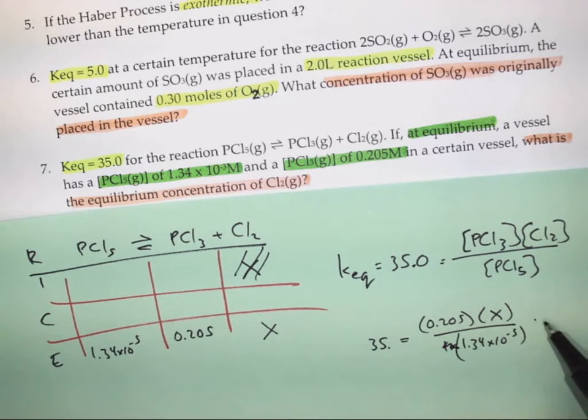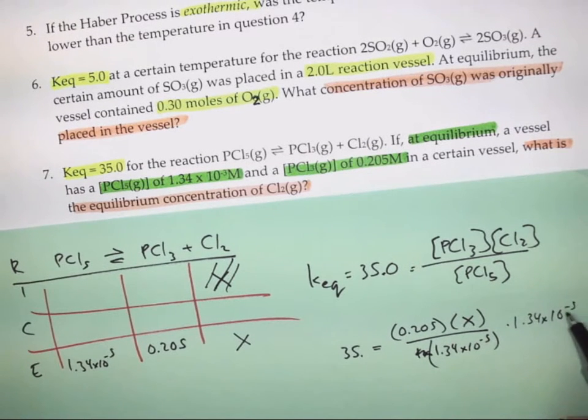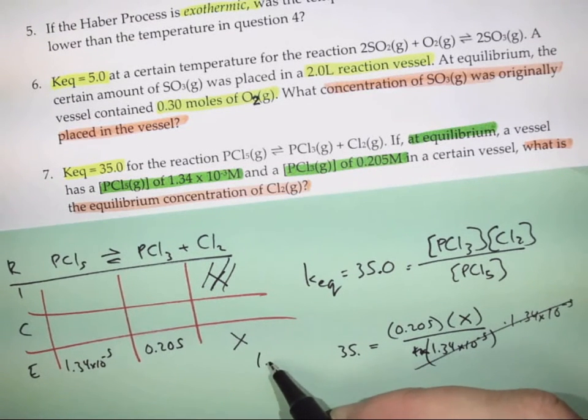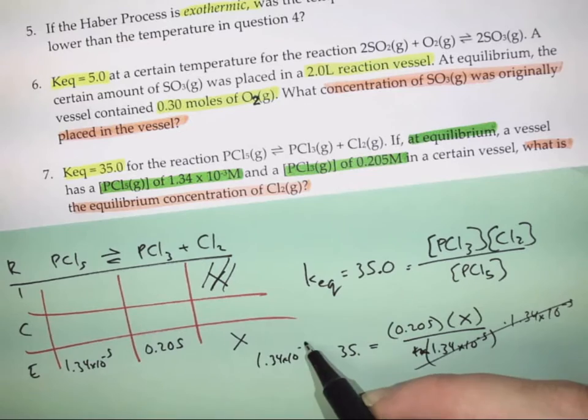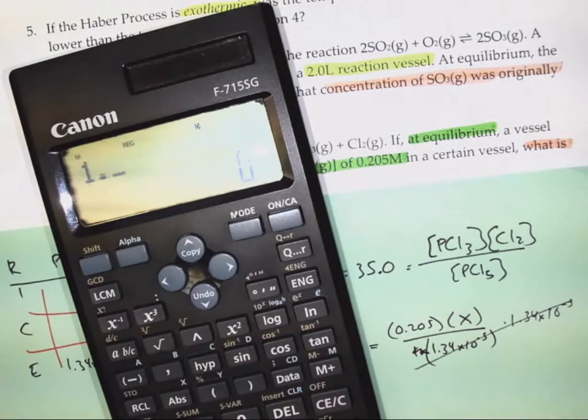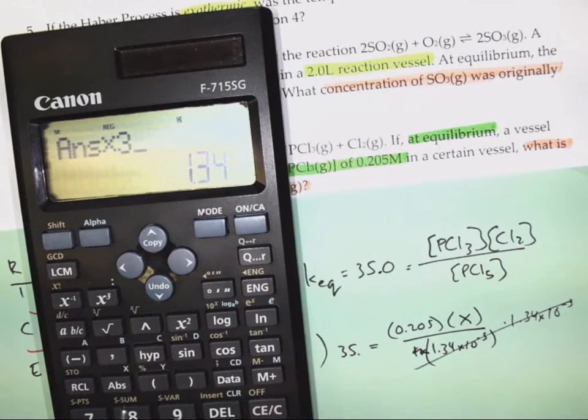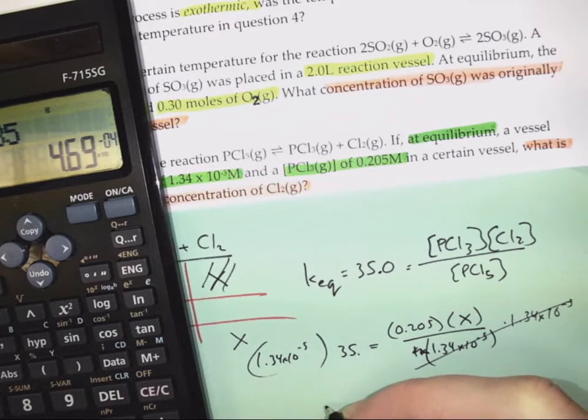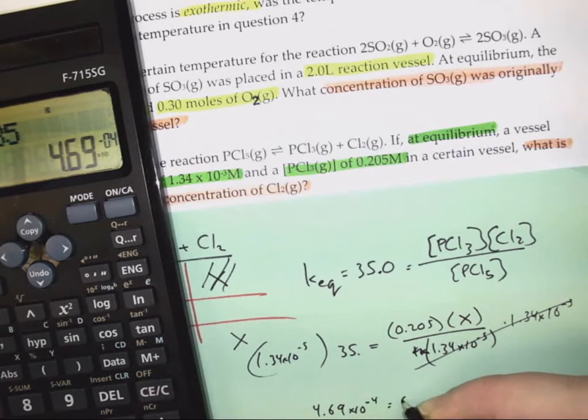Okay, so I'll multiply by my denominator to cancel it out, but I've got to do that on both sides. So it's 1.34 times 10 to the negative 5 times 35, and I get 4.69 times 10 to the negative 4.